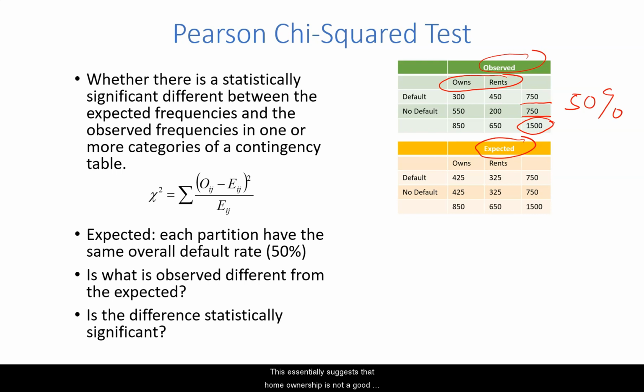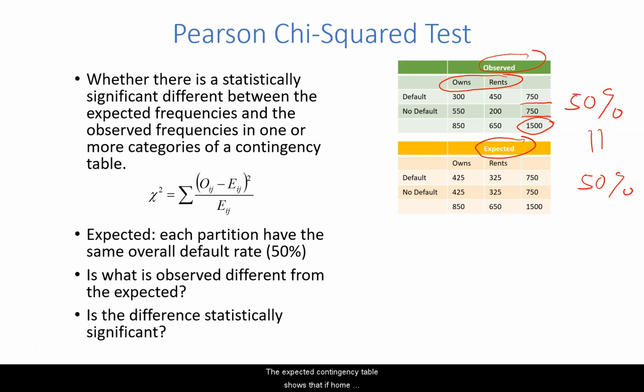This essentially suggests that home ownership is not a good predictor of whether someone is going to default on a loan, because no matter if a person is a homeowner or not, the chance of default or not default is always 50%, which is the overall default rate we computed earlier.